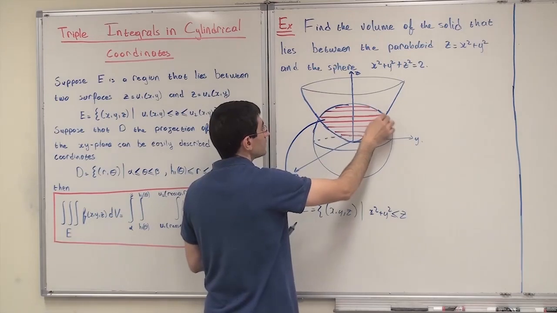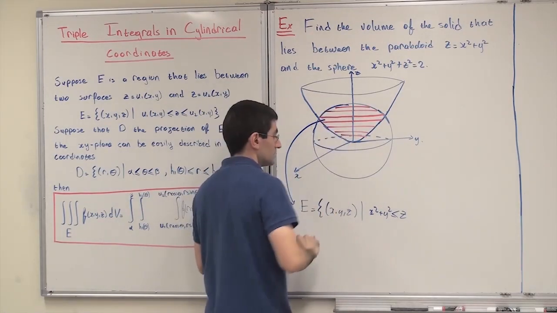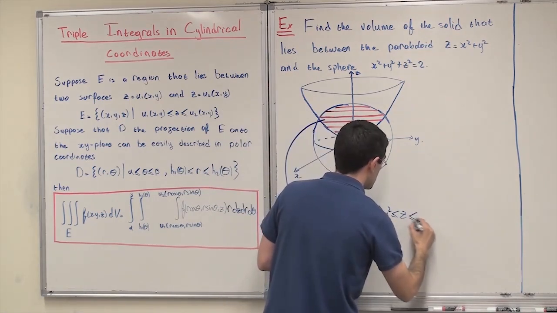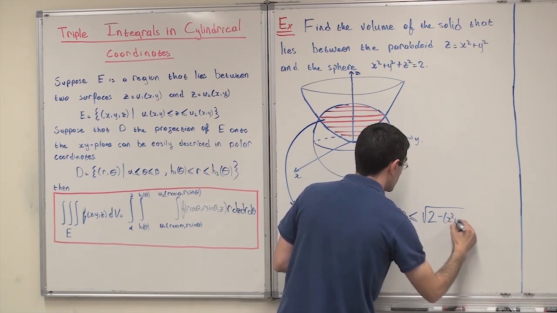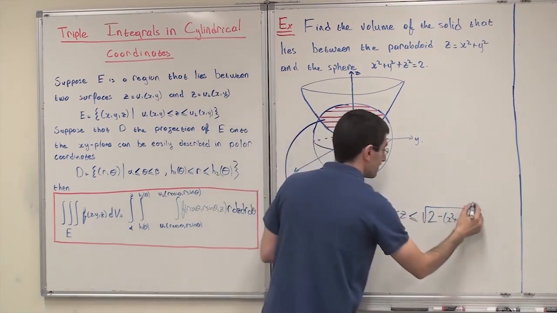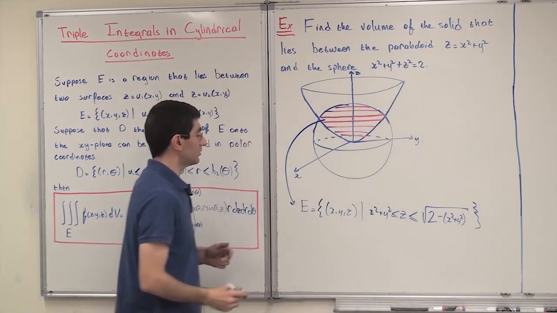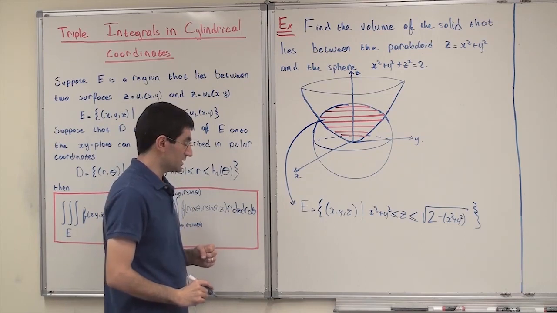And from the top, this solid is bounded by the sphere. So, all the z's should be less than the square root of 2 minus x squared plus y squared inside the parentheses. And that would be our description of the solid E in Cartesian coordinates.